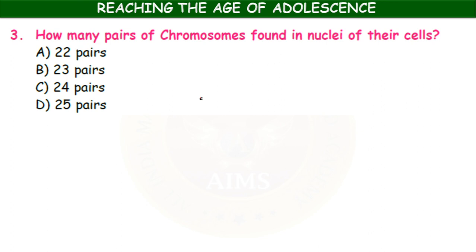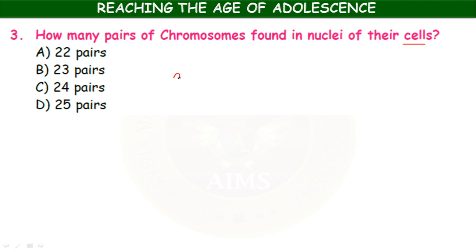How many pairs of chromosomes are found in the nuclei of human cells? 22 pairs, 23 pairs, 24 pairs, or 25 pairs.